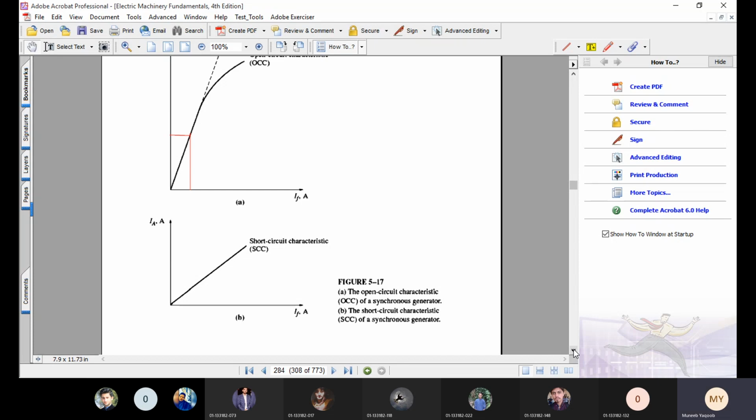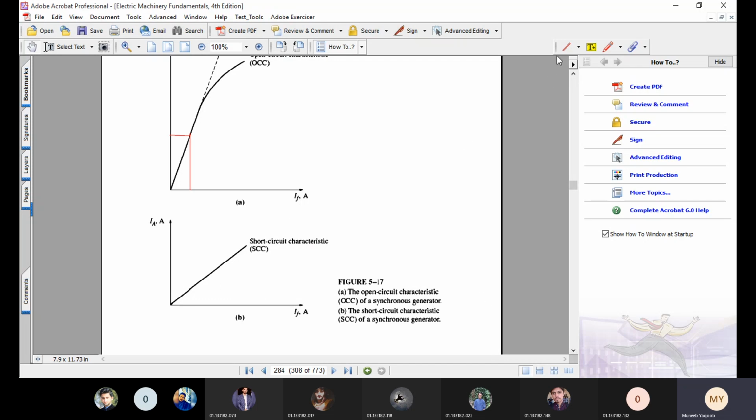We short circuit the armature winding to make V phi equal to 0. And then again we set the field current equal to 0. Then we gradually increase the field current, and we plot a graph between the field current and the output current, that is IA. Obviously it is the short circuited current, so we can have its value at any particular field current.